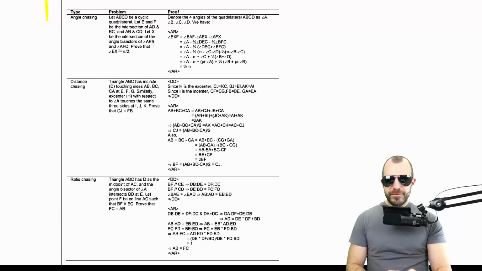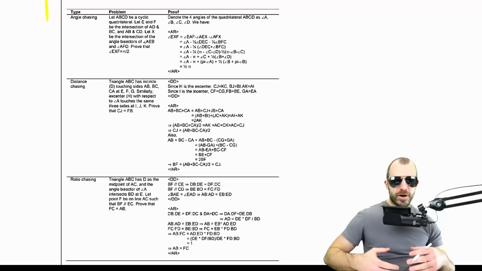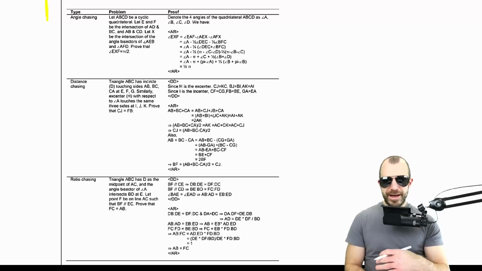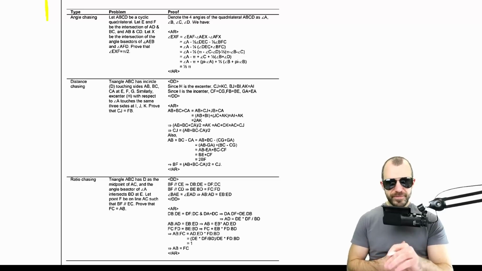But ultimately, it's a finite, relatively small set of things that all of these geometry problems are representable as combinations of. At least a large part of these problems are representable as combinations of those things.